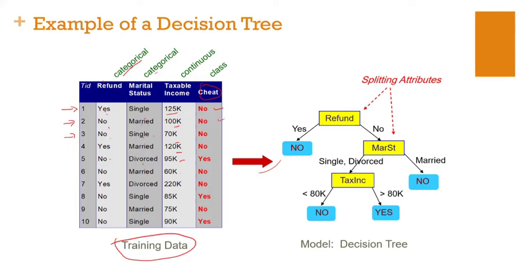You can see, if there's no refund, the taxable income is 95K, divorced, it's likely to cheat. This one has no refund, is single, 85K taxable income. Yes, it could also be involved in cheating.